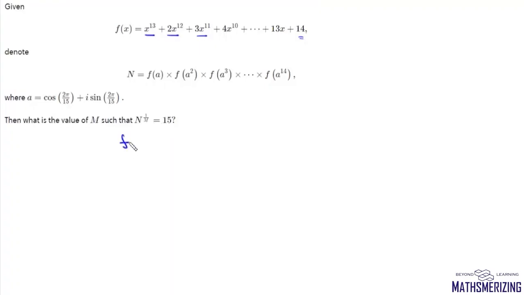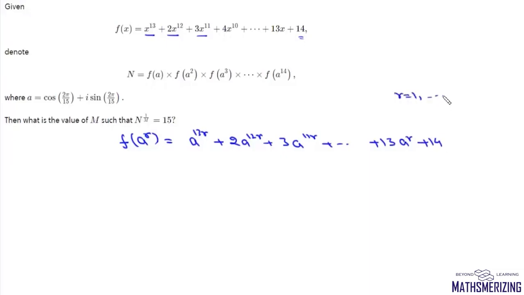We'll write f(a to the power r) as a to the power 13r plus 2 into a to the power 12r, 3 into a to the power 11r up to 13 a to the power r plus 14, where this value of r varies from 1 to 14.